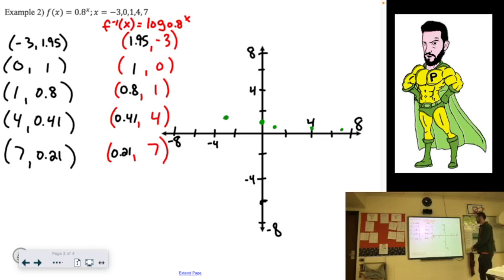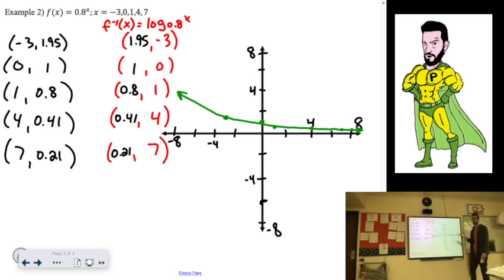So, if this was drawn correctly, we know it's exponential decay, so it would start high and start dipping low. As it went further and further left, it would get a little steeper. But that would be our graph.